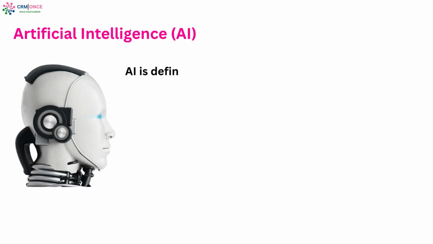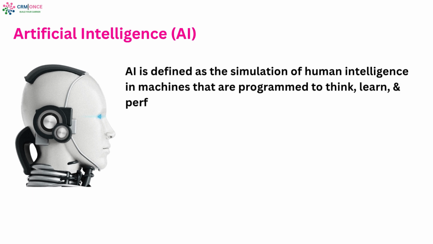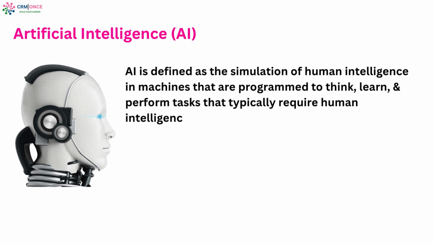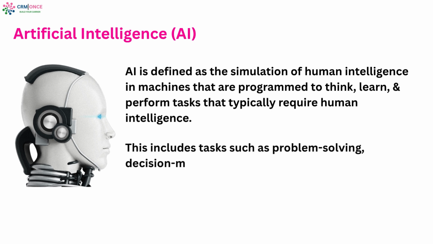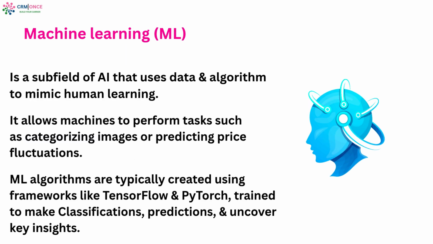Artificial Intelligence, AI. Definition: Artificial intelligence is the ability of machines to perform tasks that typically require human intelligence. Key capabilities: problem solving, decision making, understanding natural language, adapting to new environments. Machine learning, ML.